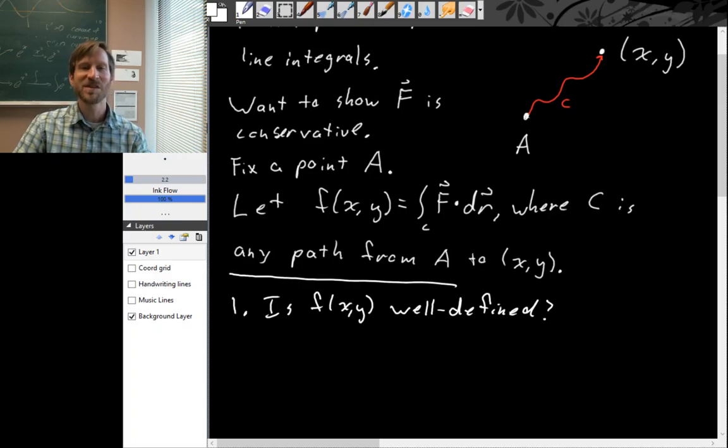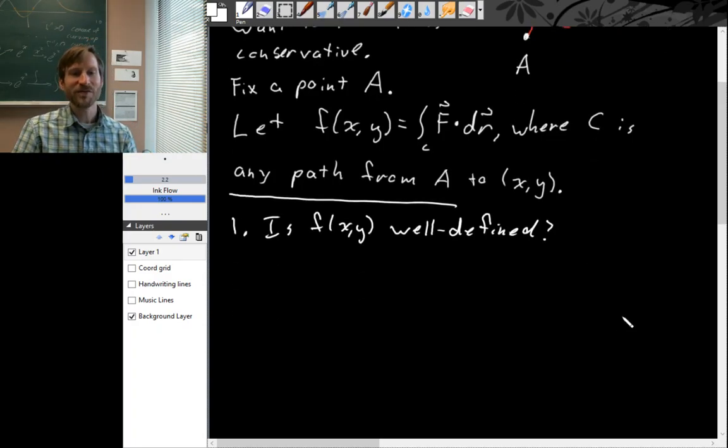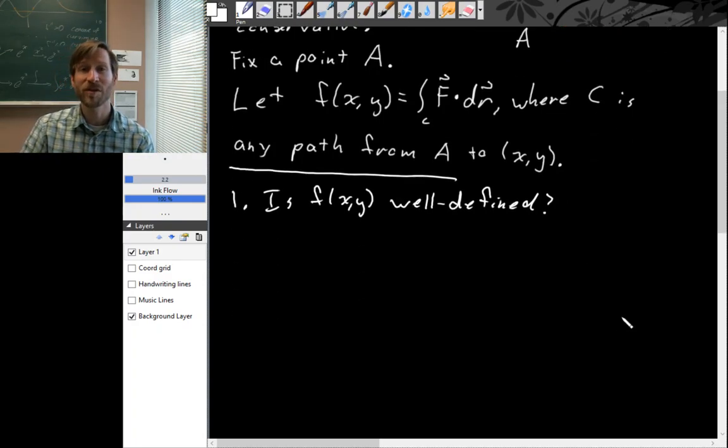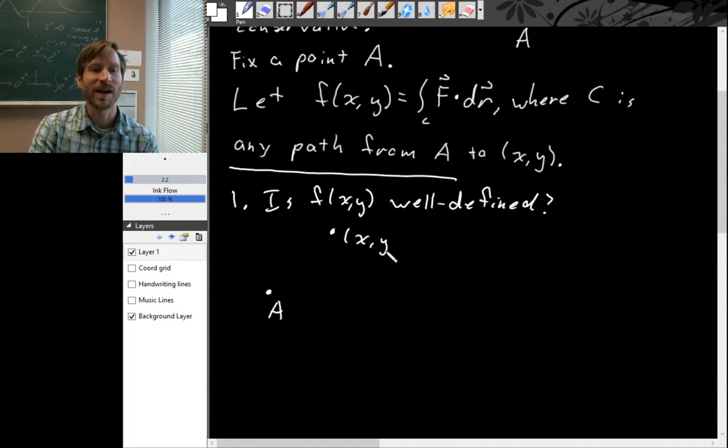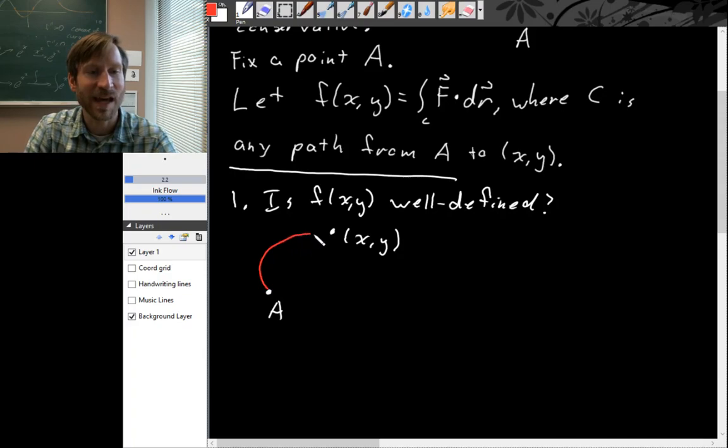Often definitions involve some arbitrary choices, and you'd like to know that your definition doesn't depend on the arbitrary choice that you made. In this definition for little f, the arbitrary choice that we made was how you get from the point A to the point x comma y. Because there are many paths that you might take to get from A to x y.